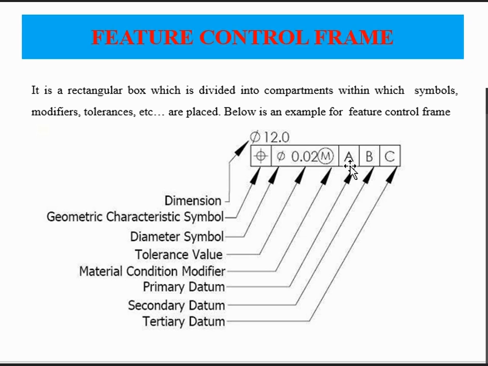And here A is your primary reference, B is your secondary reference, C is your tertiary reference, because whenever you are defining geometrical tolerances, you may need to define the references with respect to which feature you want to define those geometrical tolerances.